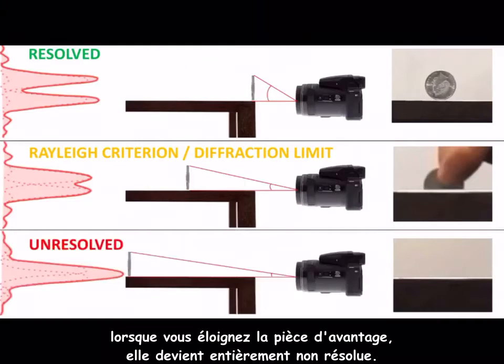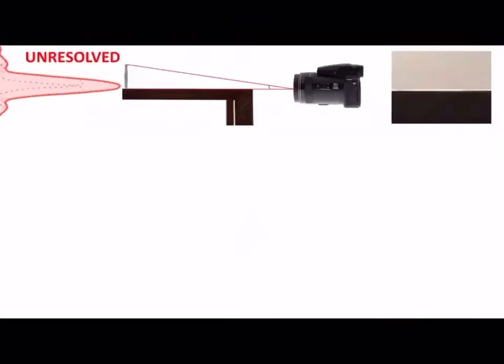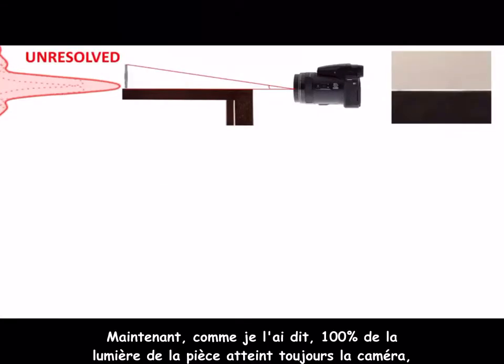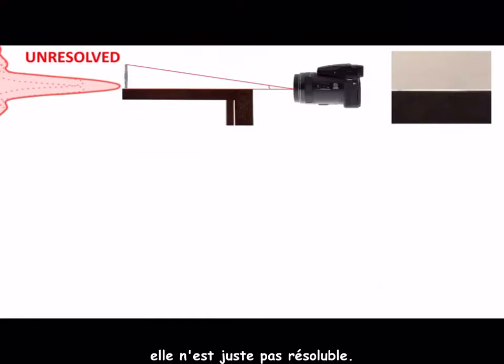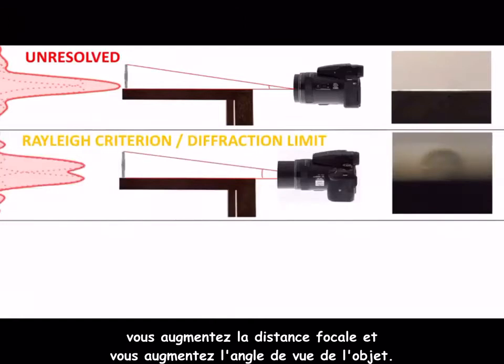And when you move the coin further away, it becomes fully unresolved. Now, as I said, 100% of the light from that coin is still reaching the camera. It's just unresolved. But when you zoom back in, you increase the focal length and you increase the angle at which you are viewing that object.